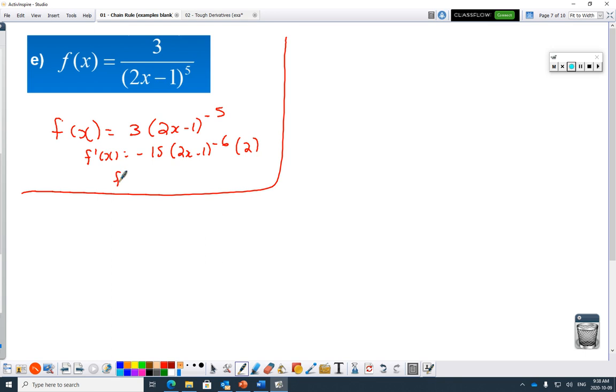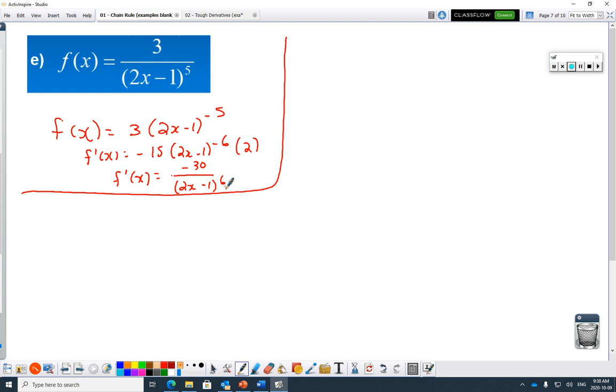And so I get f prime at x, I'm trying to prove I can do it in 2 steps here, negative 30 over 2x minus 1 to the 6th. If you're not quite following those steps, I'm going to come back and explain those steps in a second. Well, what I want you to notice is how many lines that took me to do that. I did derivative of the outside times the inside, times the derivative of the inside, and then I just simplified things up a little bit.